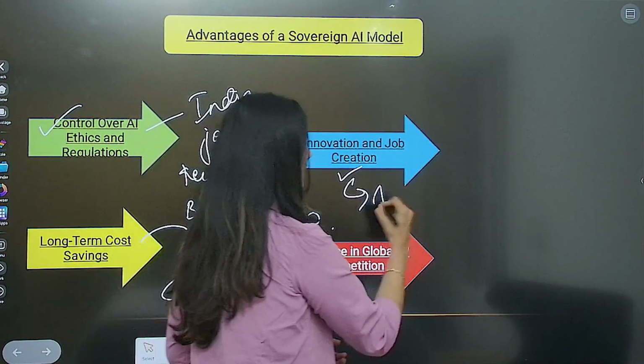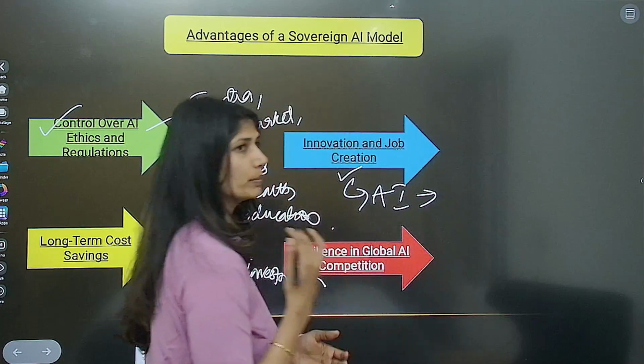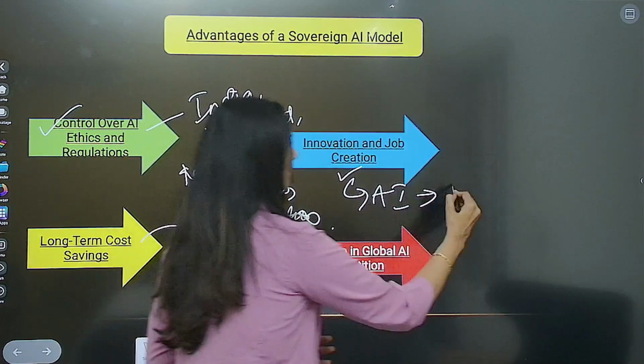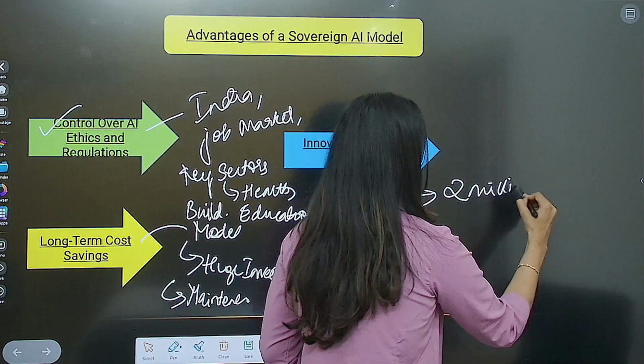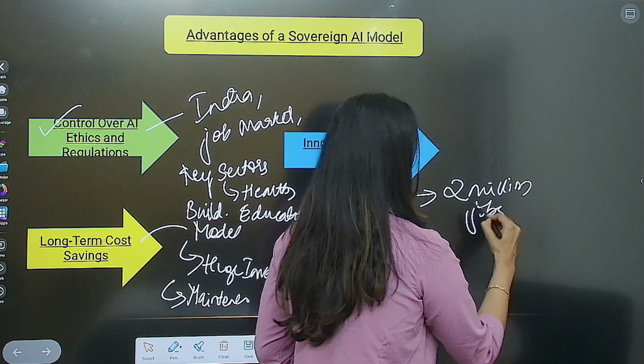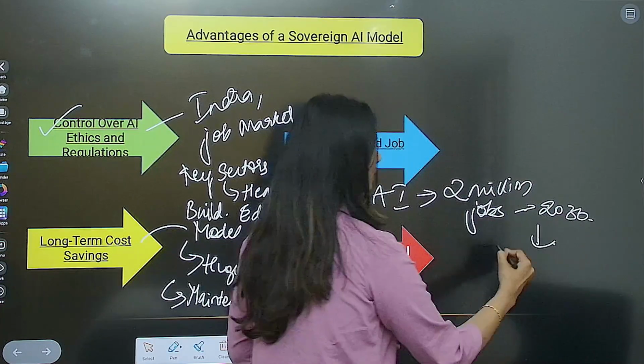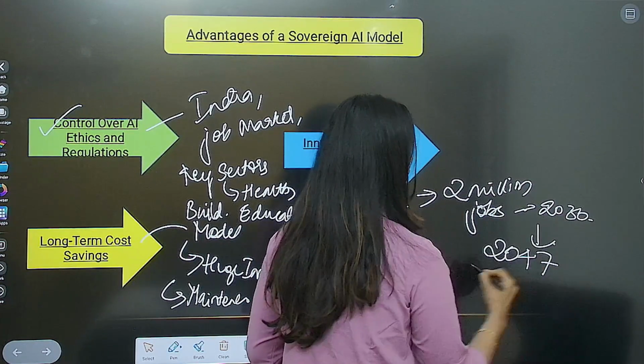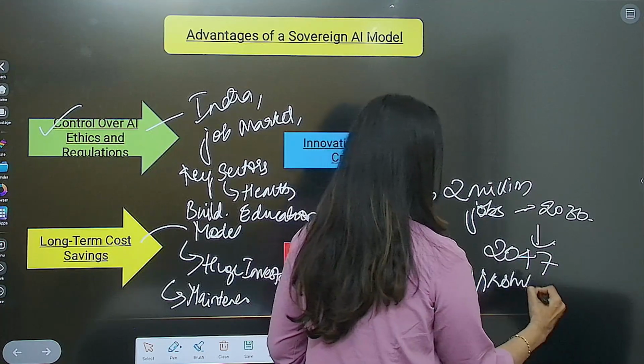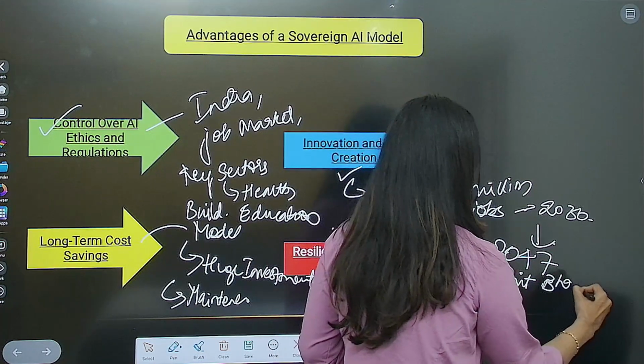AI has the capability to create millions of jobs, or more like 2 million jobs by 2030. And this is very much needed for us if we have to visualize the dream of Viksit Bharat by 2047.